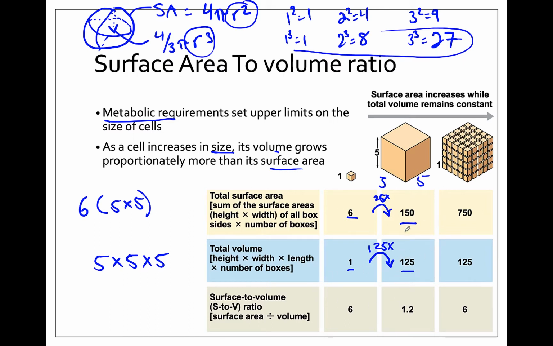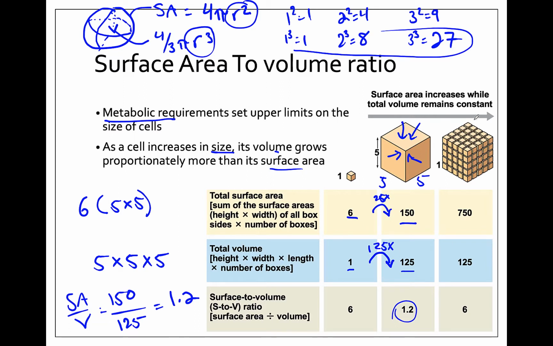So what happens when we calculate the surface area to volume ratio is we put 150 over 125, and we end up with a value of 1.2. And so this is much, much smaller. This cell is going to have a really hard time getting enough nutrients in through its surface area to serve this really large volume because the volume increased massively.